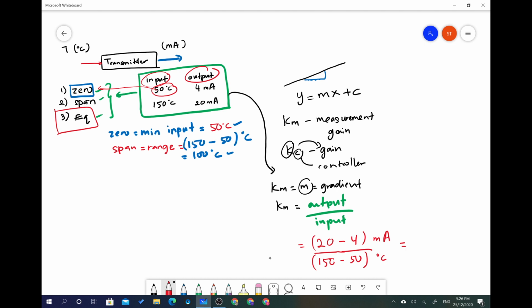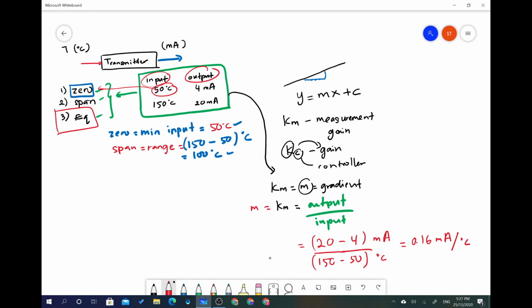You can press your calculator. I bought a new calculator because my old calculator is really old. So I get 0.16 milliampere per degree C. That is the value of Km, or m.